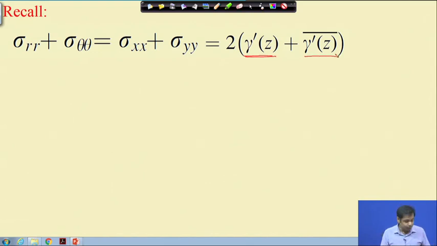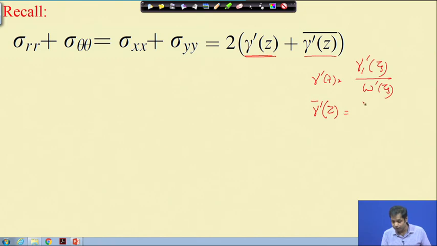And just now we derived that gamma dash z is equal to gamma 1 dash zeta and w dash zeta. If we substitute that, then the conjugate of this will be gamma zeta and w zeta, the conjugate of this and the conjugate of this.